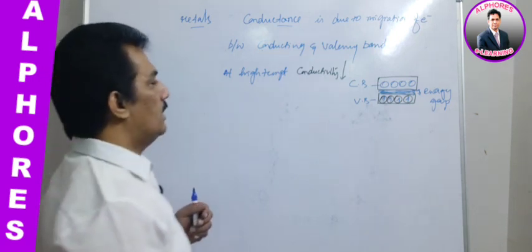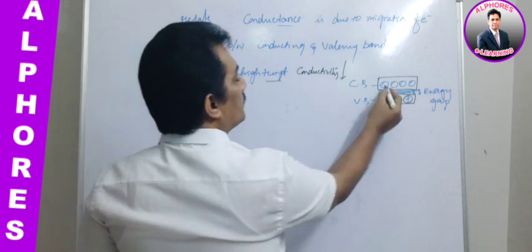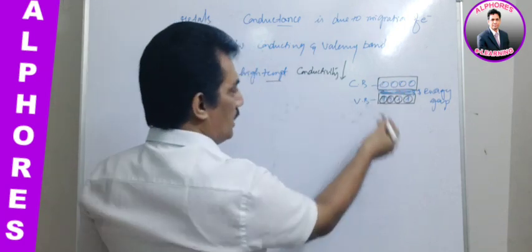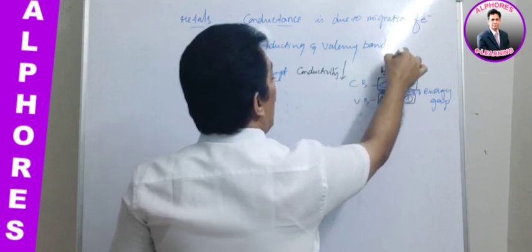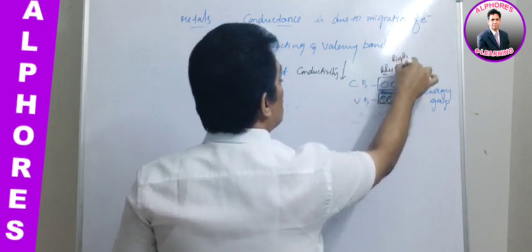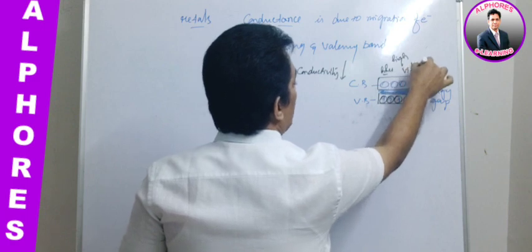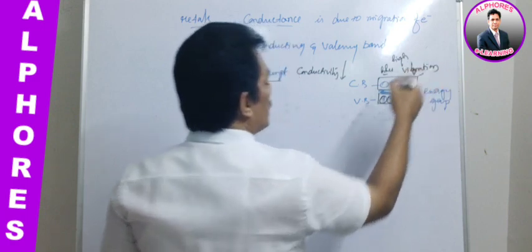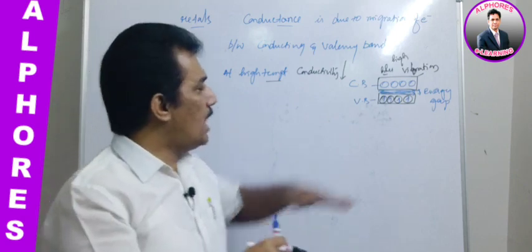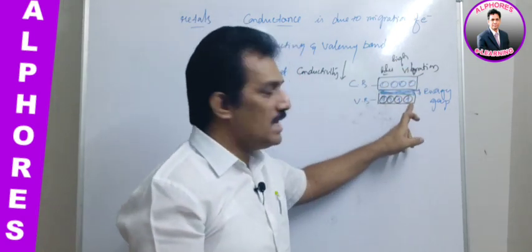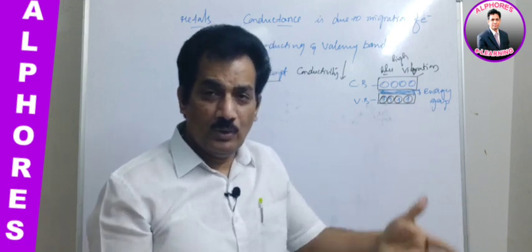At high temperature, the lattice points are getting high vibrations because of high energy. They vibrate more and more, and the electrons are unable to find a way to jump.